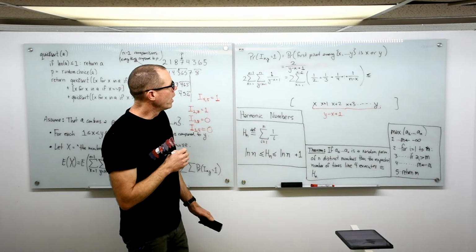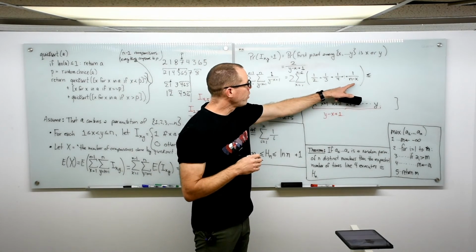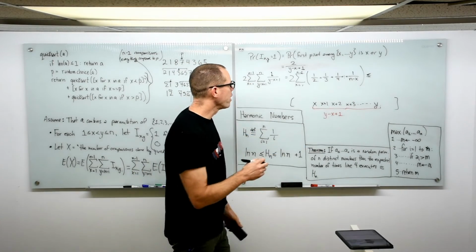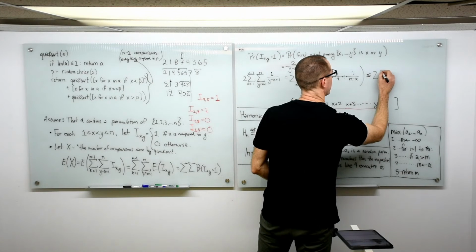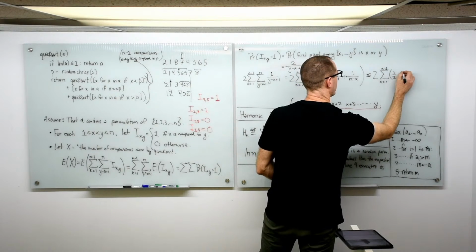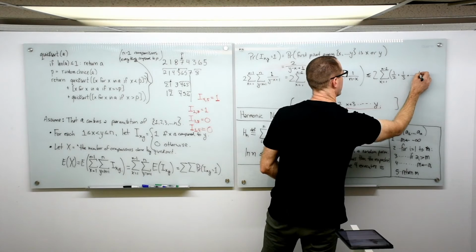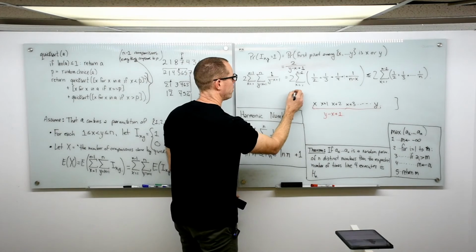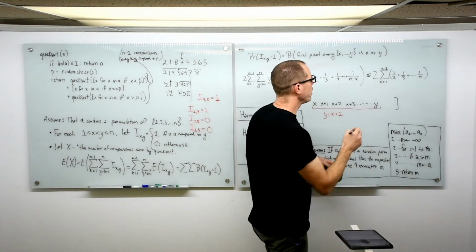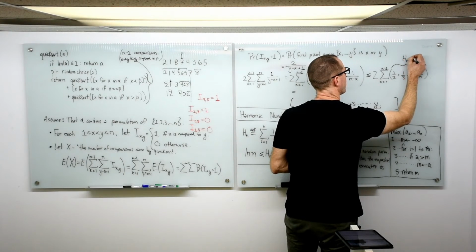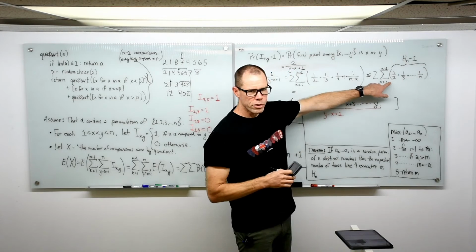We want a clean answer. So instead of running this all the way up to n minus x, let's run it even further. Let's let it go all the way to n. And when I do that, then this thing here is the nth harmonic number minus 1, because it's missing the first term.